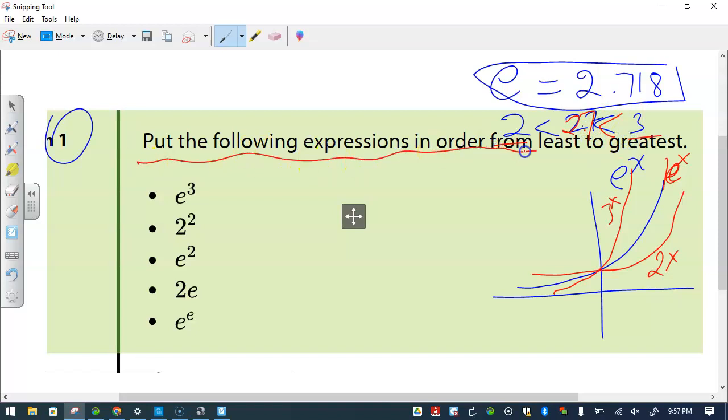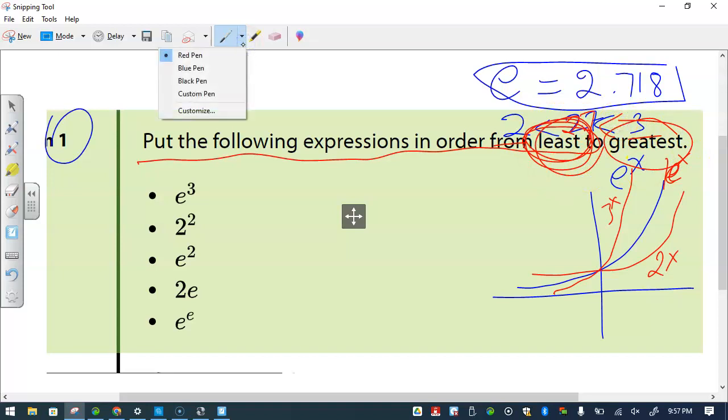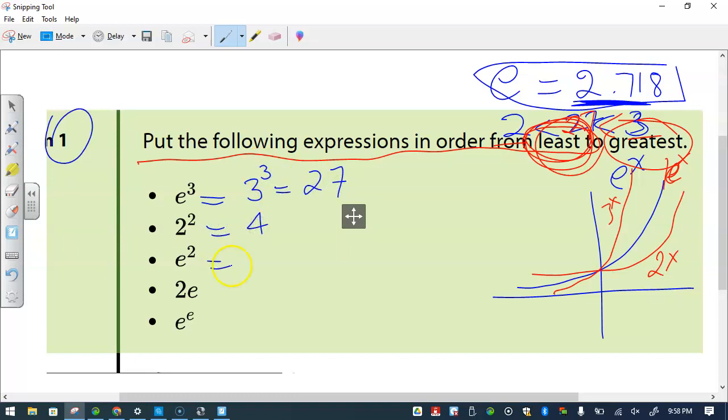Now put the following expressions from smallest to greatest. Which among these is the smallest? Let's treat 2.7 as almost 3. So 3 raised to 3 is approximately 27, this is 4, this is 3 squared, which is 9, this is 2 times 3, which is 6.